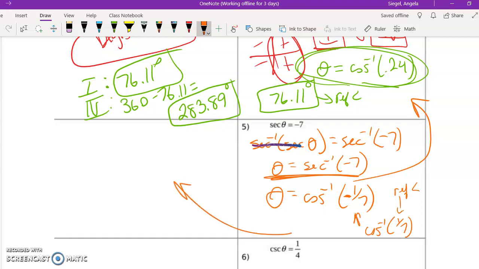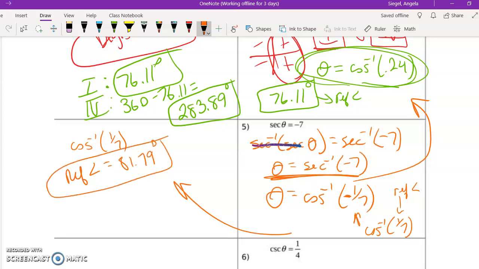So I'll come over here and start working. The cosine inverse of 1/7, let's go ahead and do that, is 81.79. Okay, and then I'll do whatever I need to do from there. So let's go backwards. I need to figure out where cosine is negative. I have positive, negative, positive, negative.